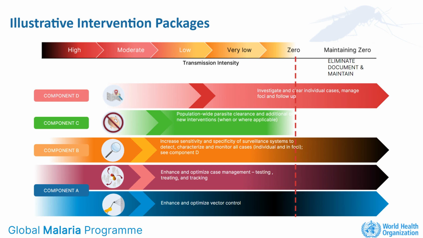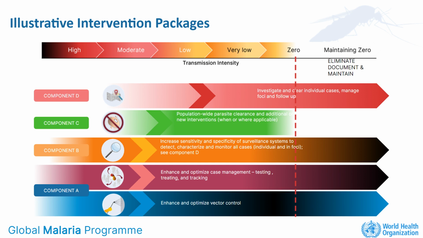The choice of interventions should be based on transmission intensity, from high to very low to zero and maintaining zero, other epidemiological and entomological characteristics, and also operational capacity and system readiness.